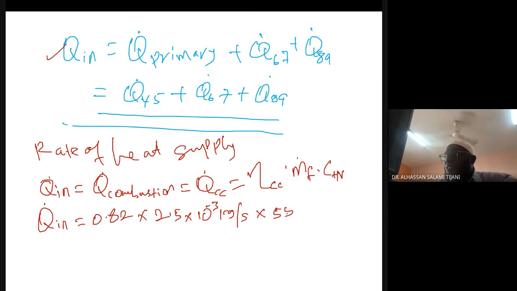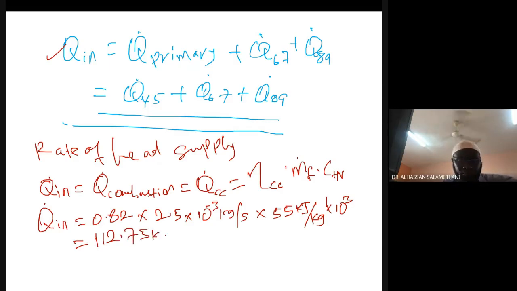This is 55 megajoules per kilogram, I'll make it kilojoules per kilogram, times 10 raised to the power 3. If you calculate this carefully, the resulting Q in becomes 112.75 kilowatts. So that's the amount of heat added to the cycle.